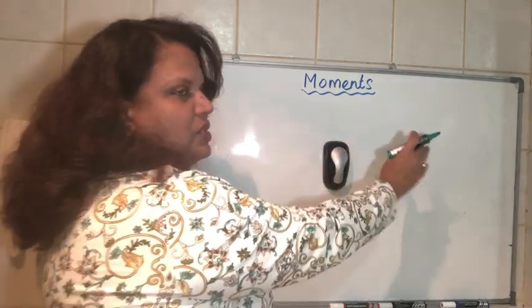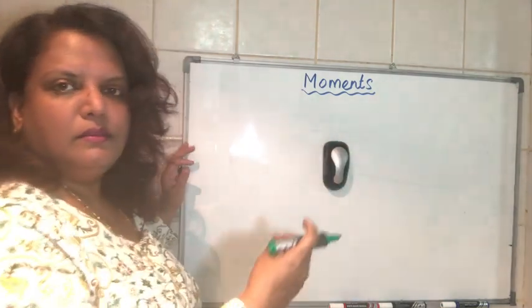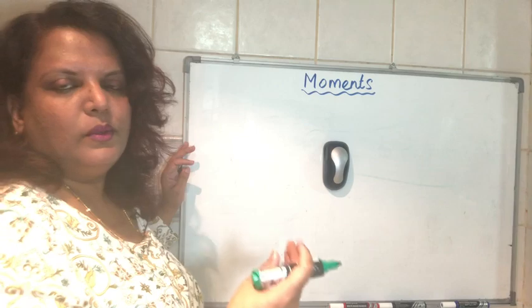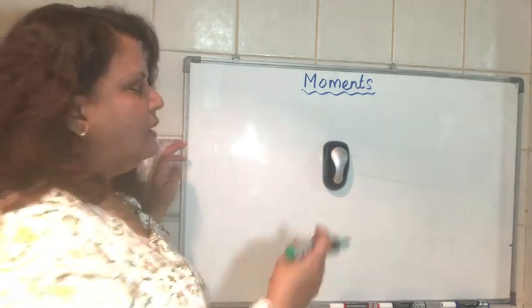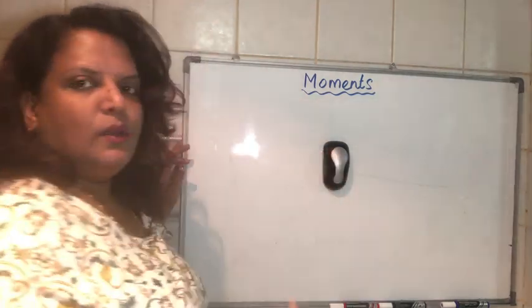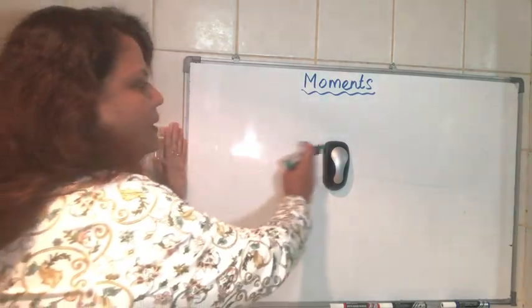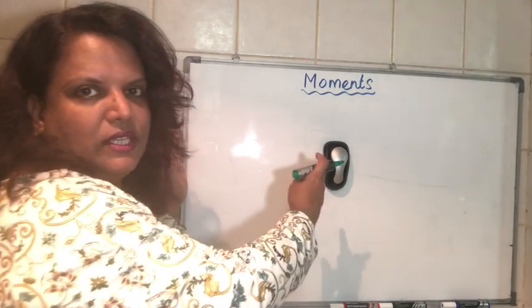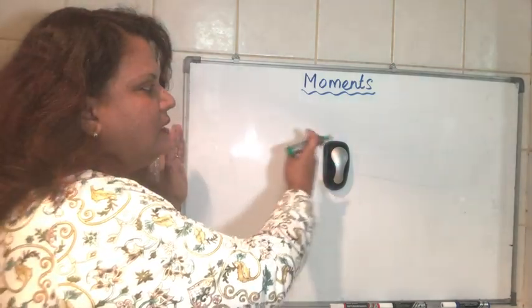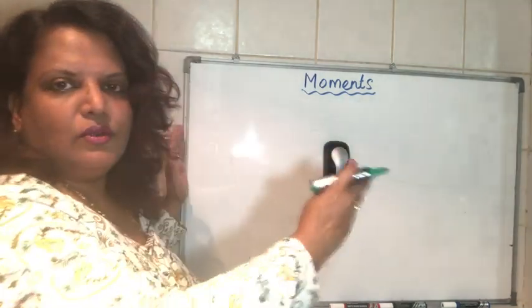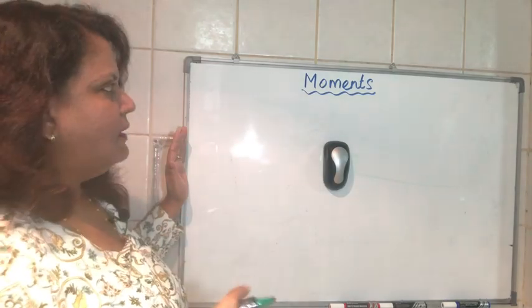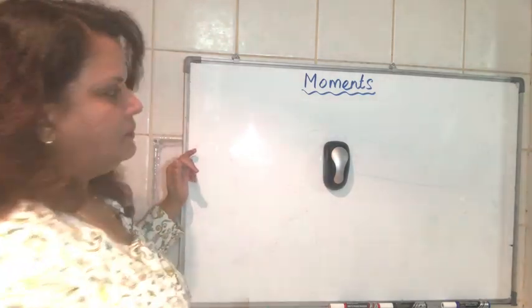The handle's position determines the turning effect, or in other words, moment. So when I change this handle, which quantity is changing? The distance from the pivot I am keeping on changing, correct? So as I change the distance from the pivot, the turning effect also keeps changing. Now, another point to note.